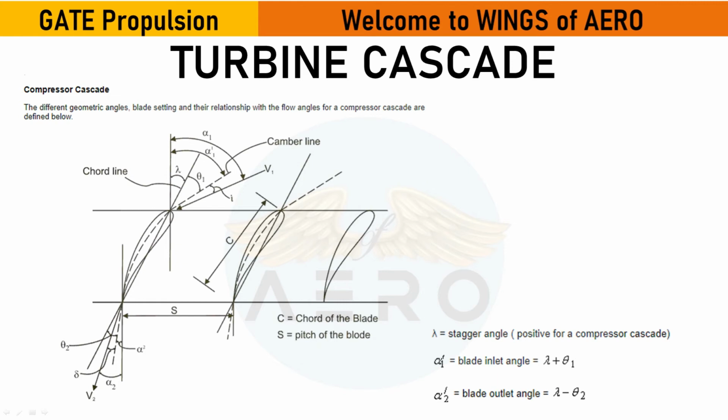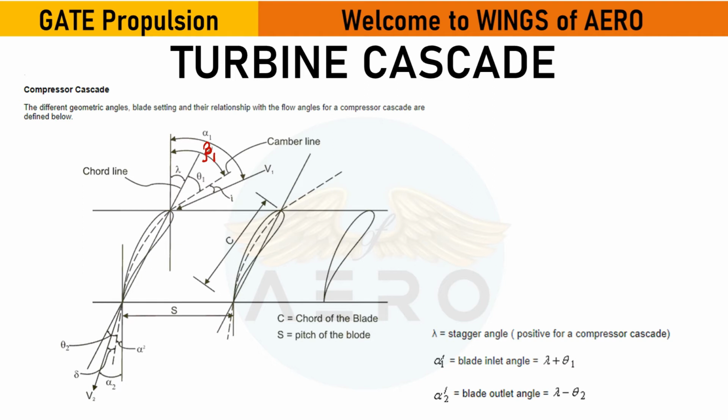So another angle is there, called the stagger angle. Usually what is the stagger angle? Let's look into it. Here in this figure, this alpha prime 1 represents the beta 1.